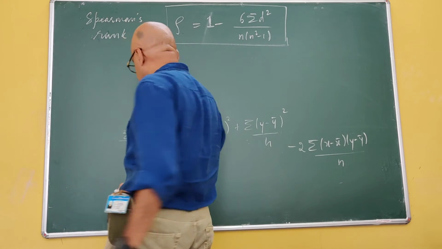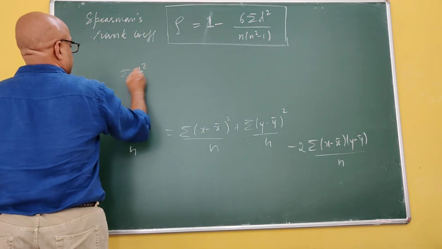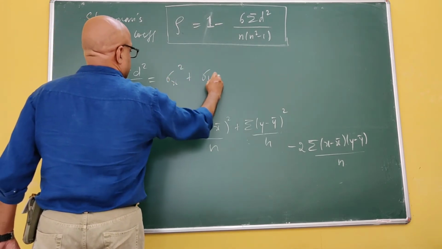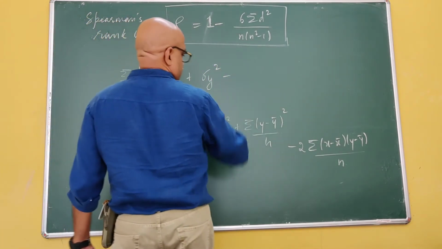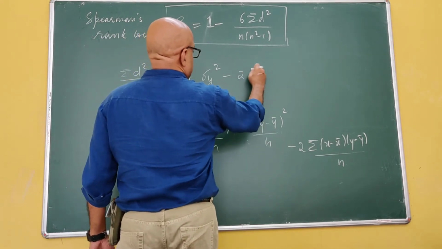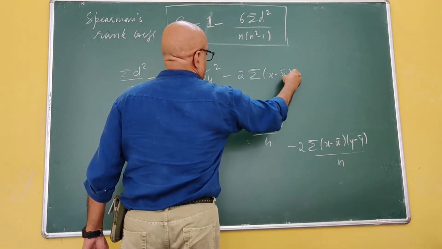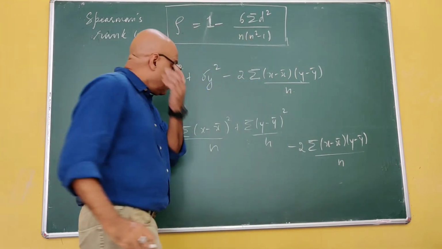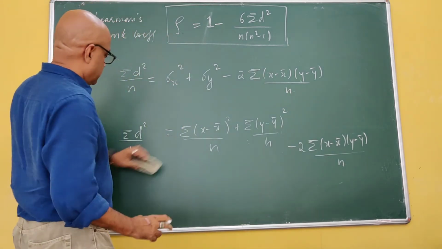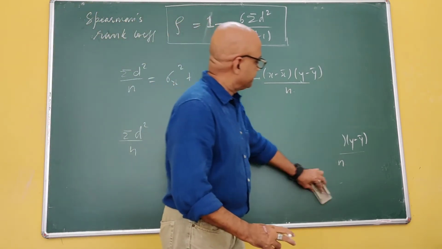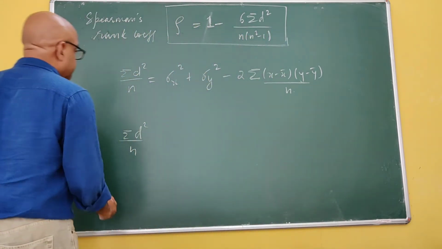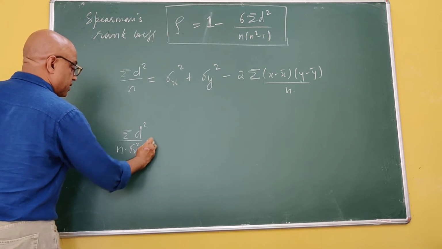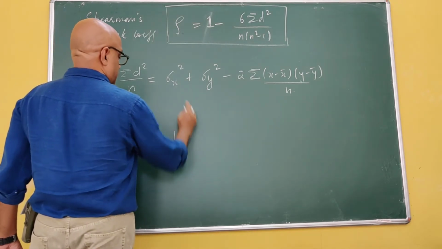What you actually get is summation d square divided by n, this is sigma x square, that is sigma y square, minus 2 times summation x minus x bar into y minus y bar divided by n. And if you divide by sigma x square, sigma y square, this will become 1.